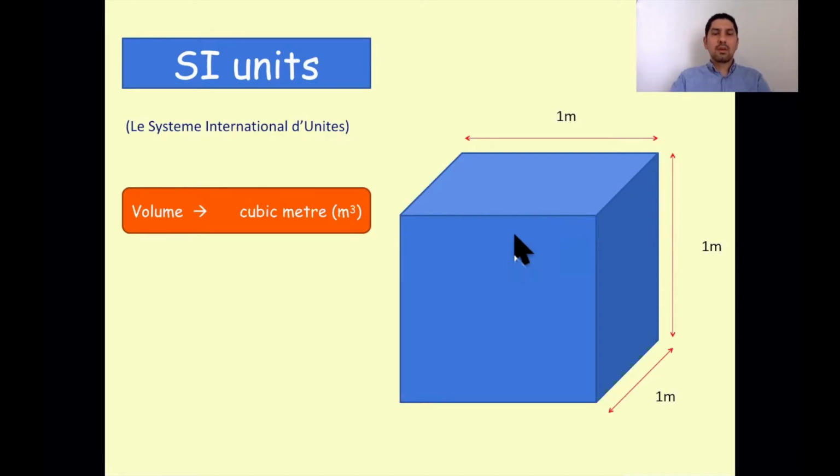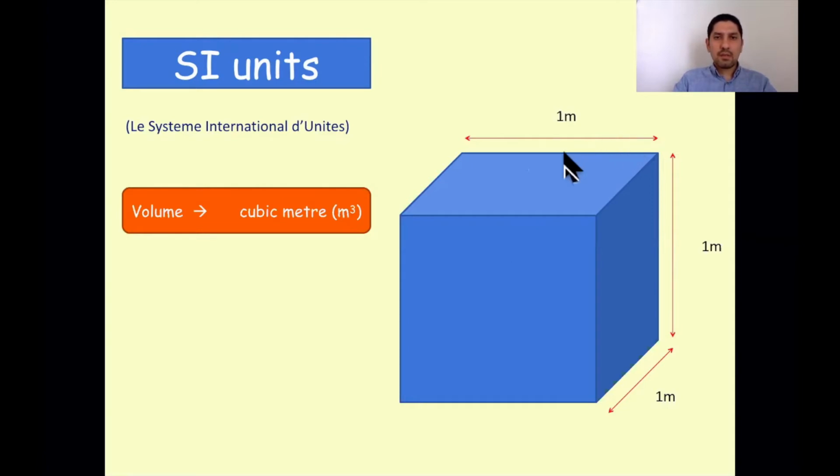Volume is the three-dimensional shape of an object, or we can say it's the space taken by that object. To measure the volume, we need to measure the three sides. For a regular shaped object, we can simply measure and then multiply to calculate the volume. For irregular shaped objects, we'll talk later in this presentation.